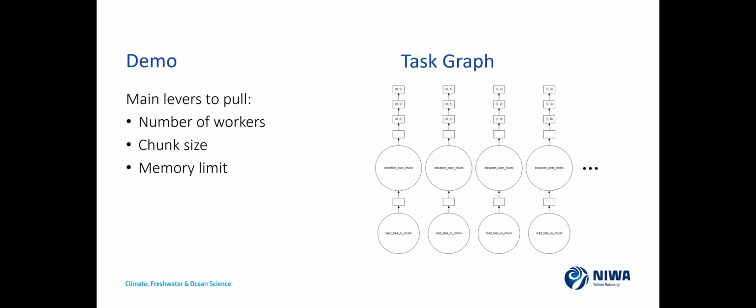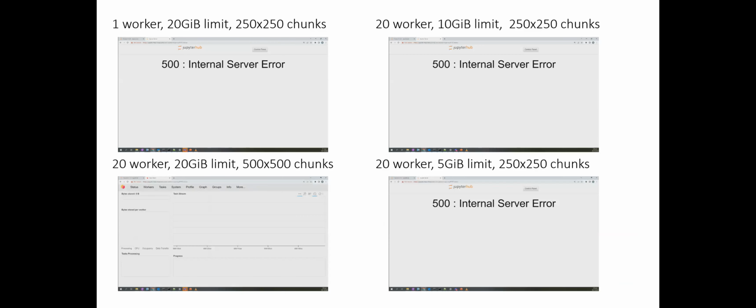I'm going to show a demo showing 4 different instances of using DASK to parallelize some code, where I've changed the number of workers, number of CPUs, the size of each of these chunks, and also the memory limit, just so you can get a sense of the difference in time required.